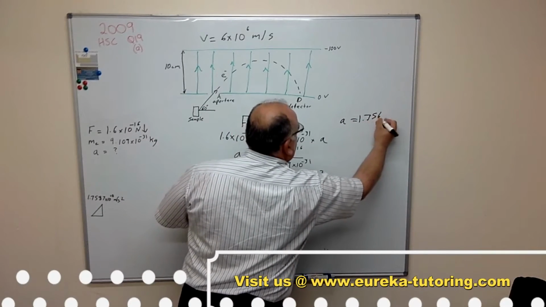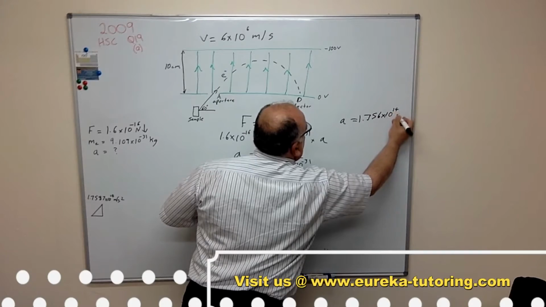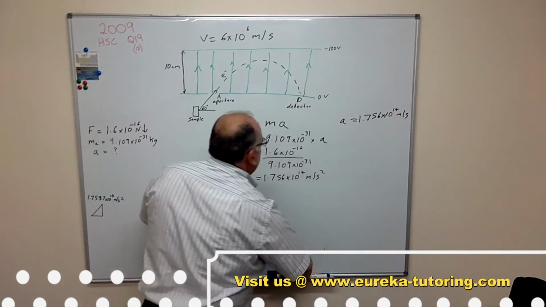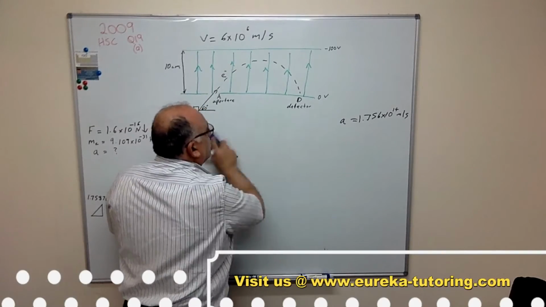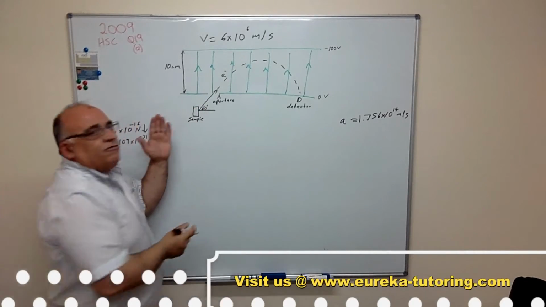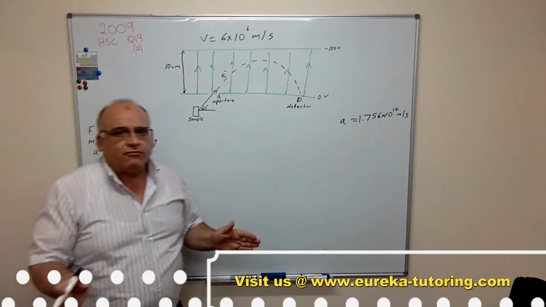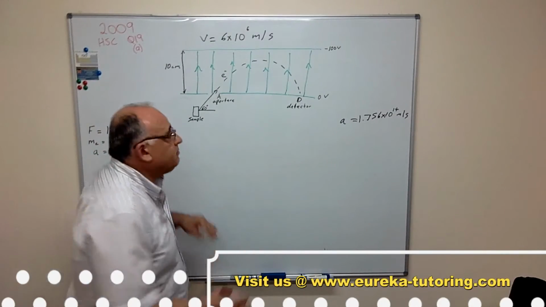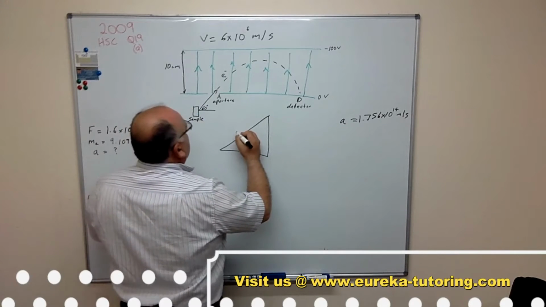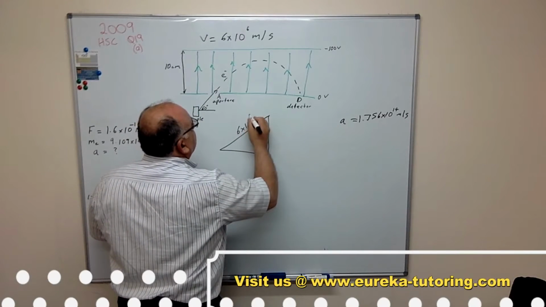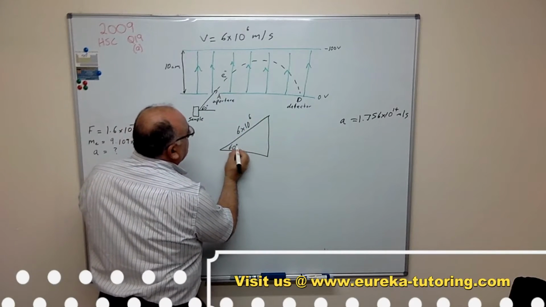We will need to use it. When you have a velocity at an angle, the first thing you have to do, without even thinking about the question, is break it up into its vertical and horizontal components. So we have 6 times 10 to the 6, the angle is 60.